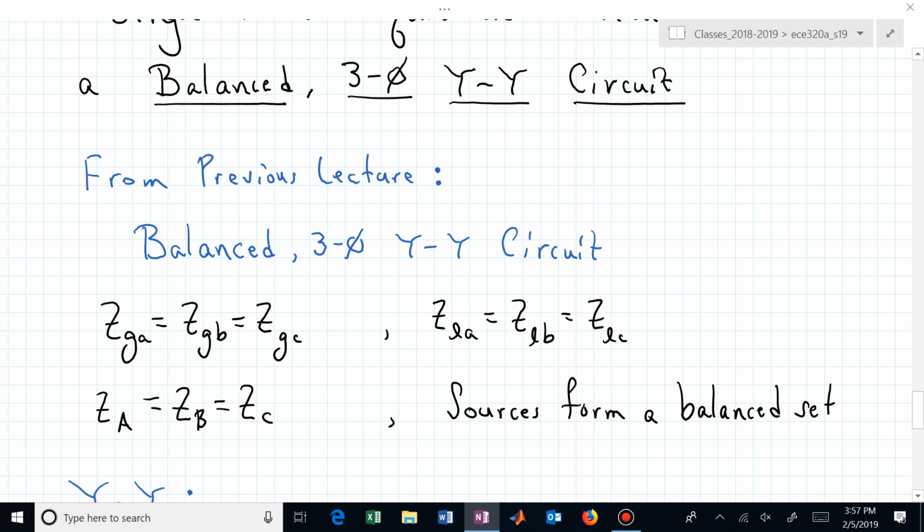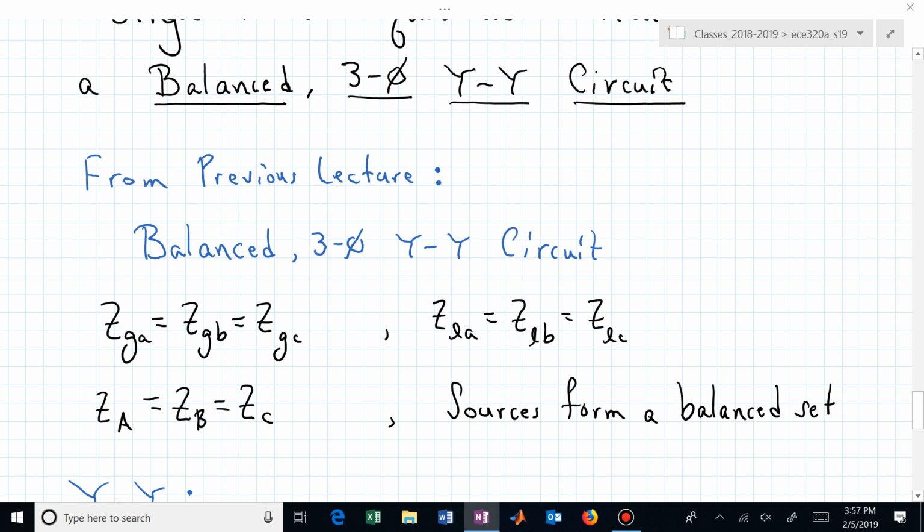And the sources form a balanced set. What does that really mean? When I say the sources, we have three sources, an A phase, a B phase, and a C phase. How do three voltage sources form a balanced set? What do we know about their magnitudes?